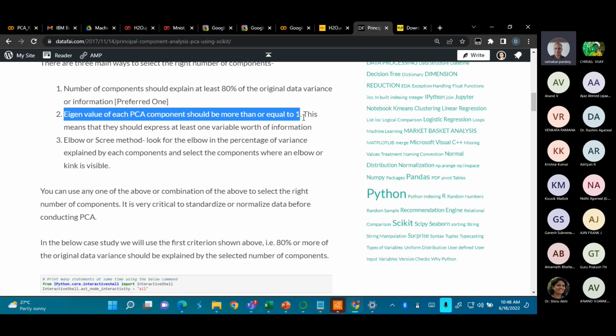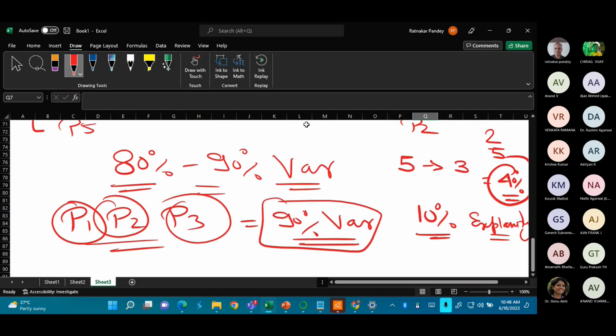Going back to our example, if this component has an eigenvalue of 2, this one 1.5, and this one 1, that means principal component 1 has the information that was captured by two variables originally. Similarly, principal component 2 captures 1.5 variables worth of explaining power, and principal component 3 captures 1.